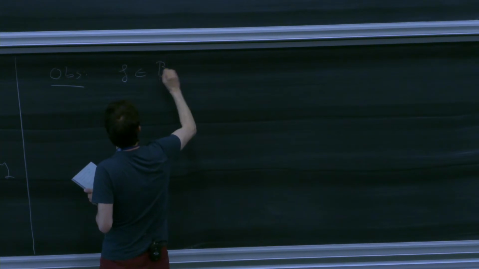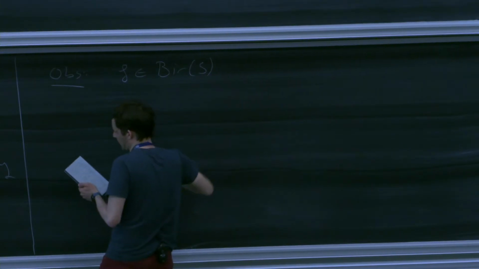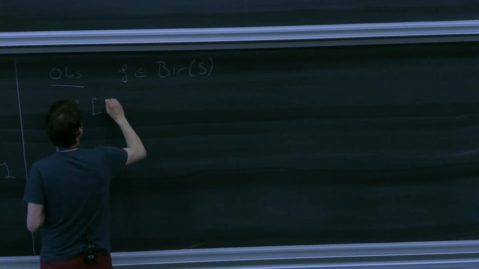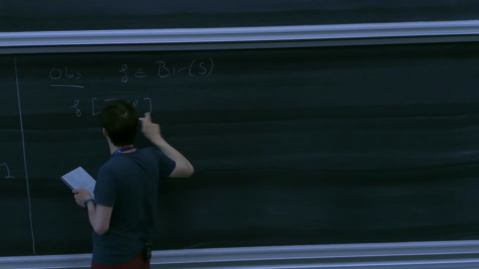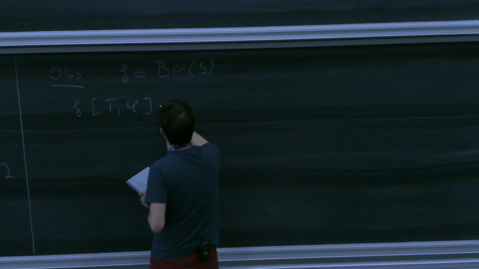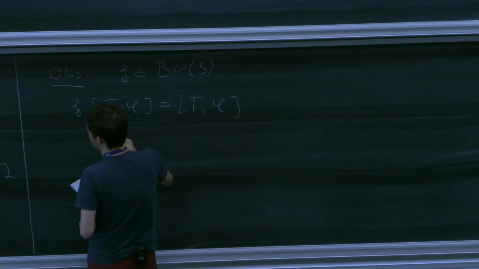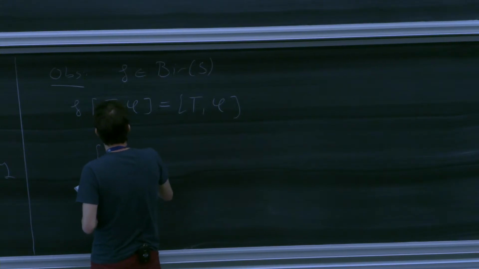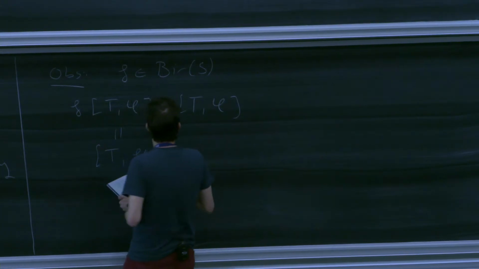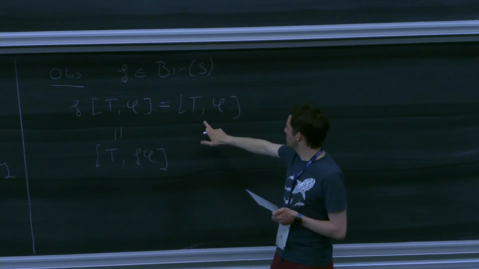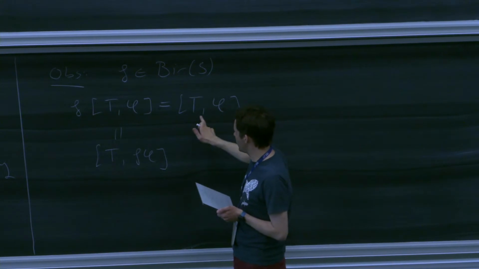let us observe: if we have a birational map F of S and a vertex (T, phi) which is stabilized by F, this means (T, phi) is the same as (T, F phi). Now we just have to look at the definition: when are these two vertices equivalent?